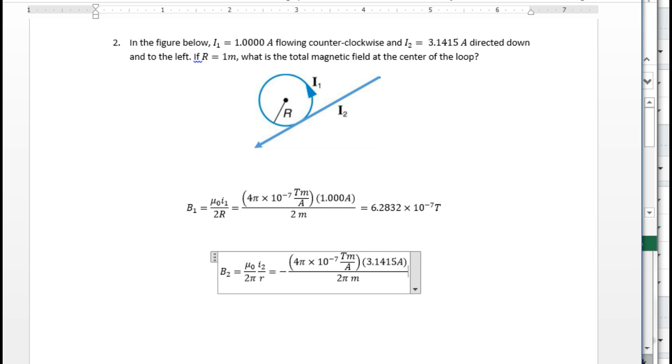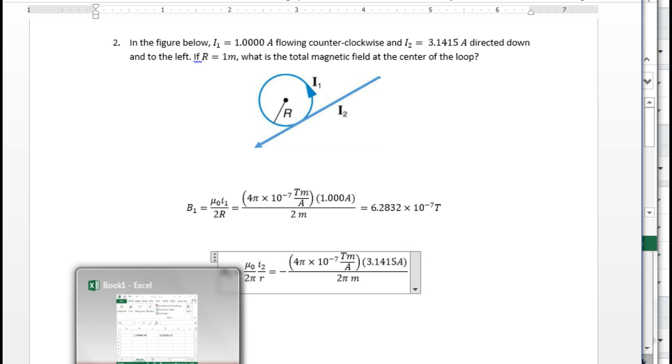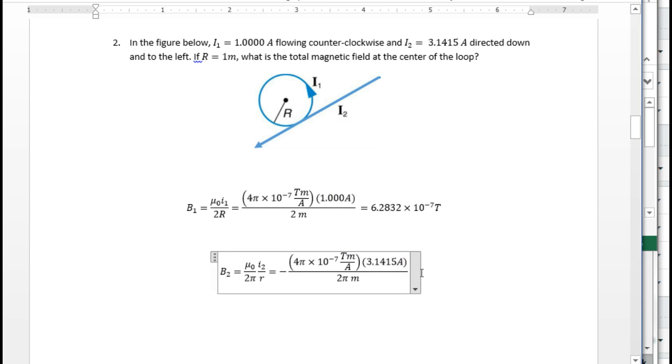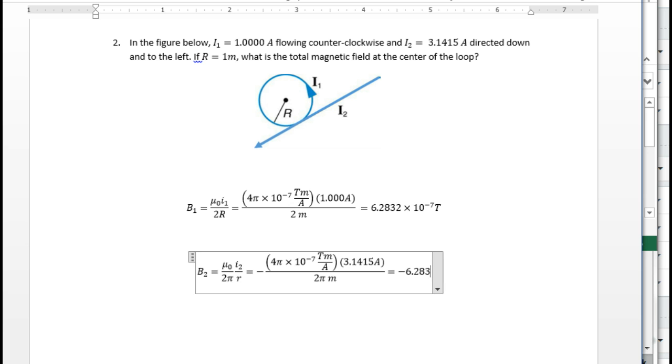So for this one, it is mu naught times 3.1415 amps divided by 2 pi, which is negative 6.283 times 10 to the minus 7 Tesla.